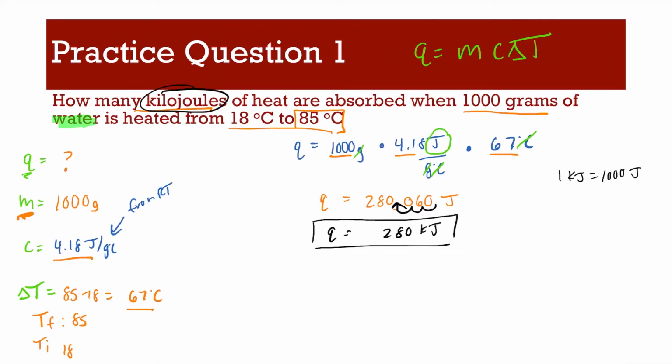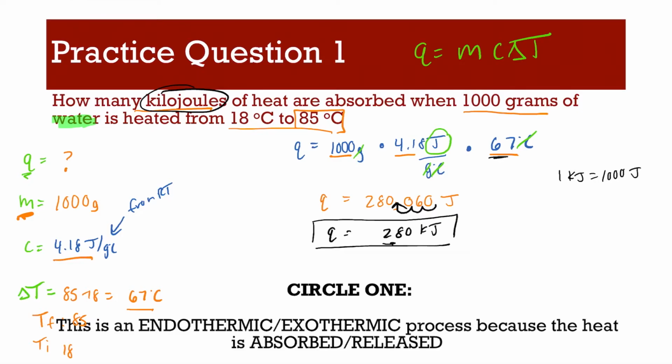And that is it. Now, when we talk about this unit specifically, if you see multiple choice questions, they love to use significant figures. So if your answer doesn't match exactly, it's because significant figures are used. And that's why we wrote only 280, because our answer can only have 2 significant figures, because 67 has 2 significant figures. Now, last part of this question is, is this endothermic or exothermic?